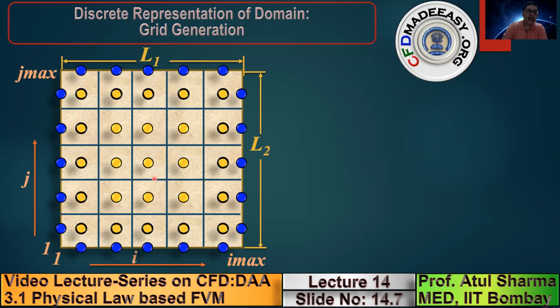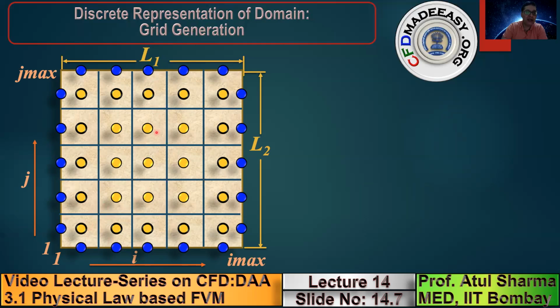However, note that there are 7 points, but how many divisions are we making? We are making 5 divisions. So later on, I will show you how we obtain the width of the control volume. Note that this is a uniform control volume; all the control volumes are of equal size. So delta x, the width in the x direction, will be L1 divided by 5 in this case.